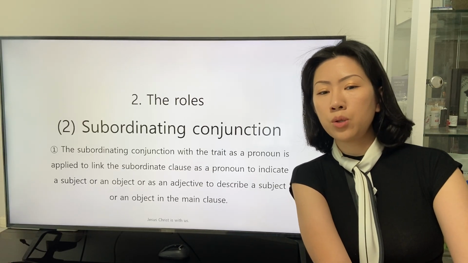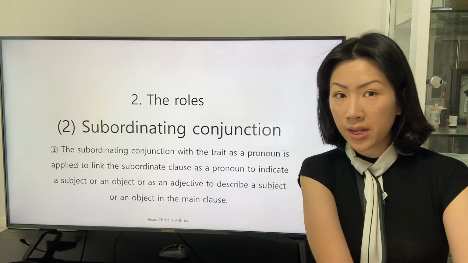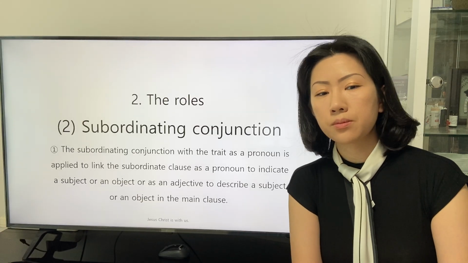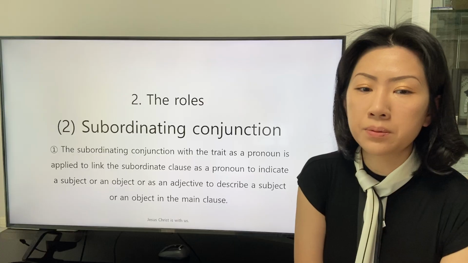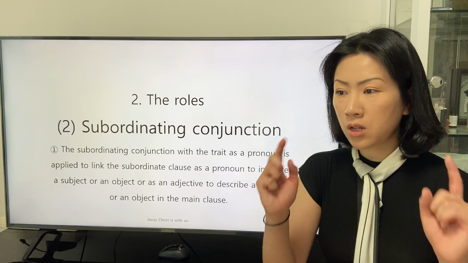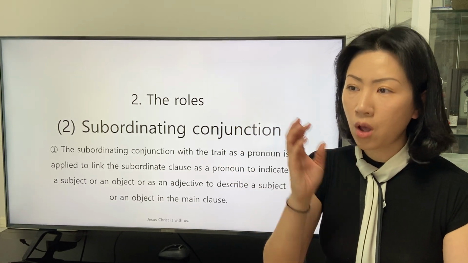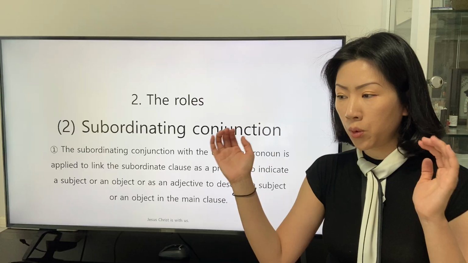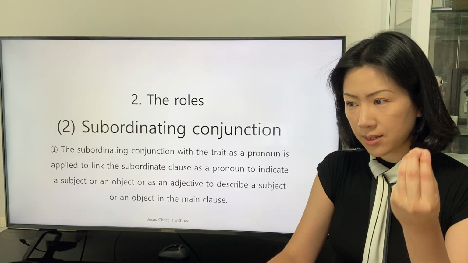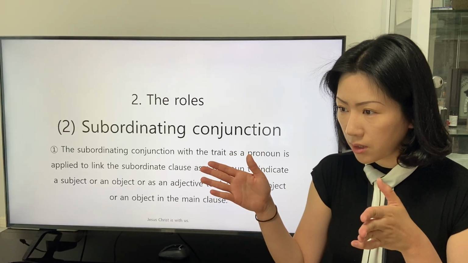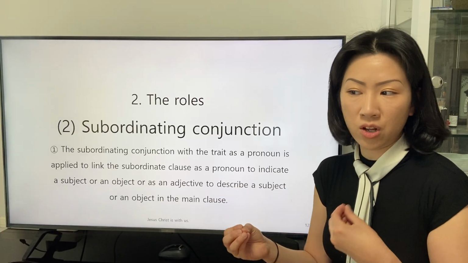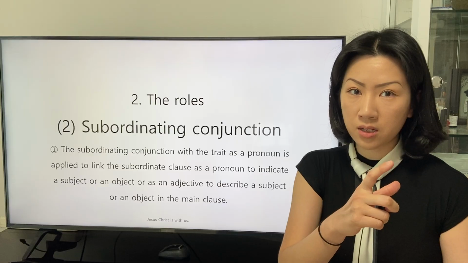The subordinating conjunction whose trait is classified as a pronoun is applied to indicate a subject or an object in the main clause, or it can be applied in the subordinate clause that has the trait of an adjective for a precedent in the main clause.